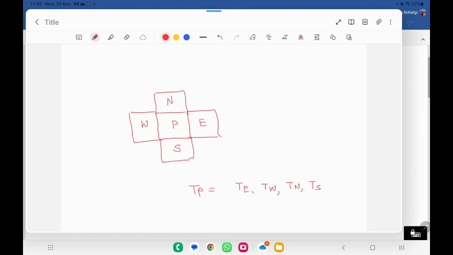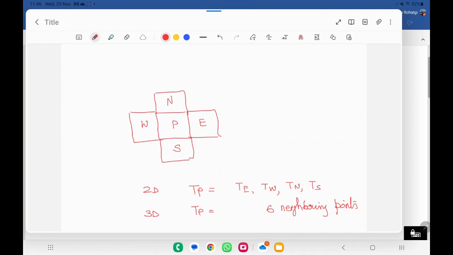Okay, and the other one will be 0. If you go for 3D, so this is for 2D, it is this. If you go for 3D, TP will have 6 neighboring points. So there will be 7 diagonals which will be significant, remaining all will be 0.